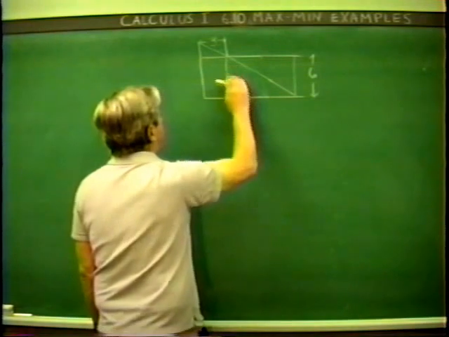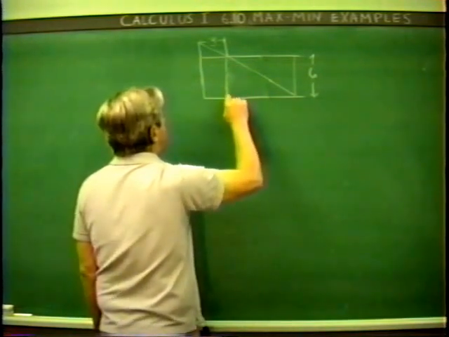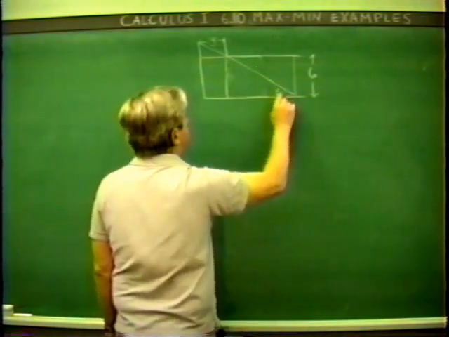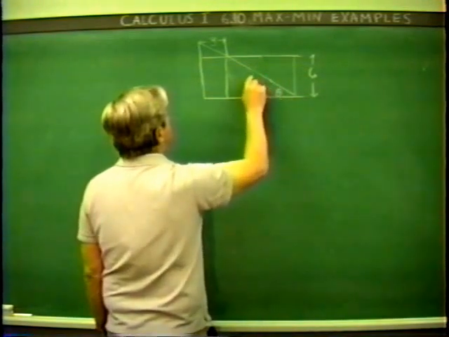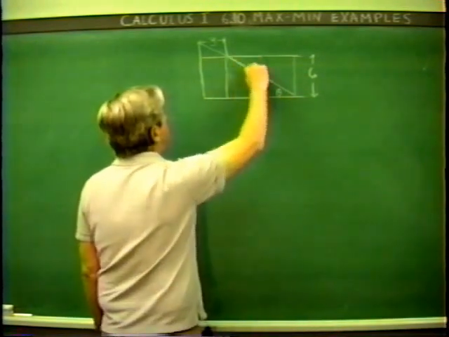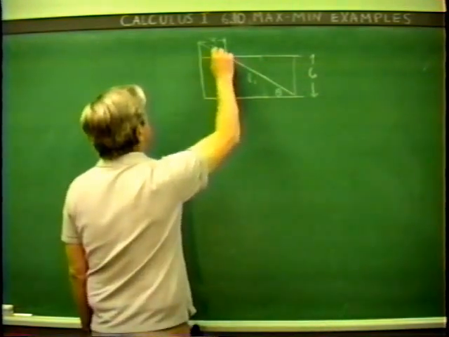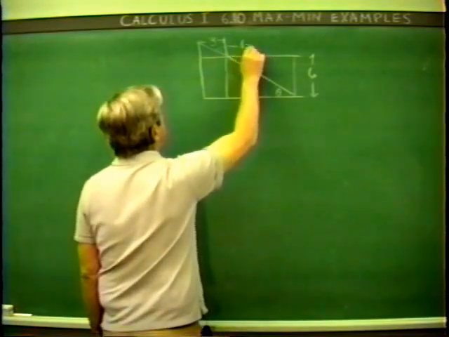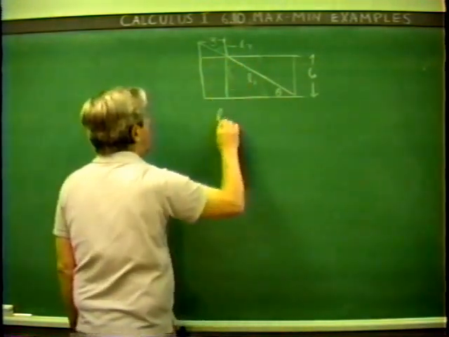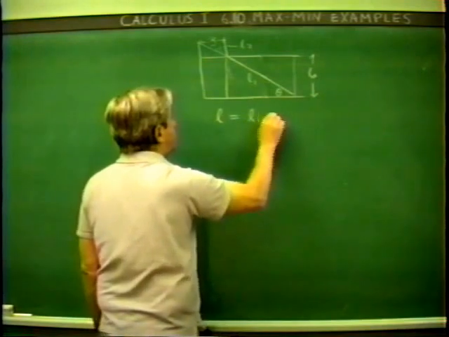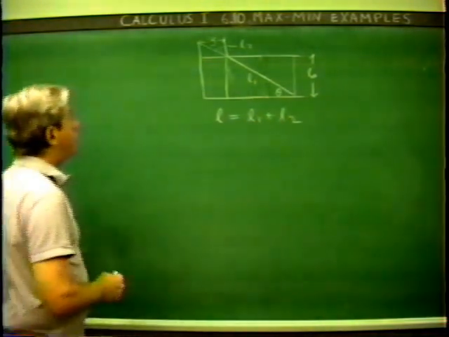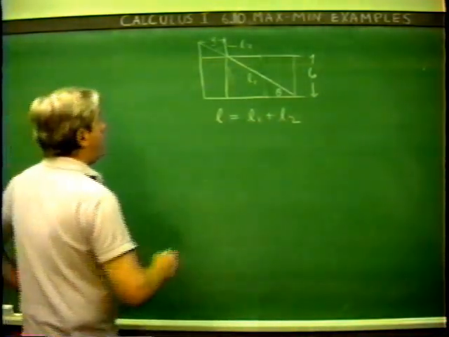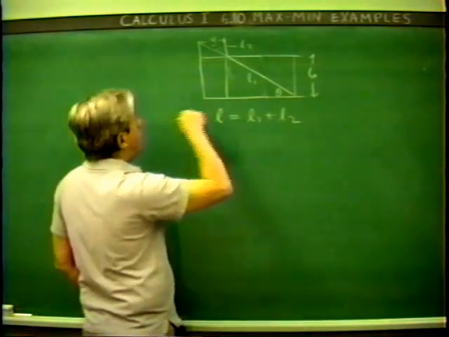These two triangles, preferably, the whole pole has got length L. These two triangles with this angle theta here are similar. And if this length is L1, and this one is L2, then L is equal to L1 plus L2.